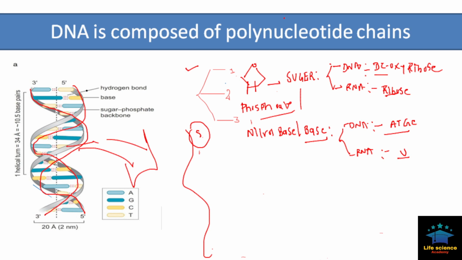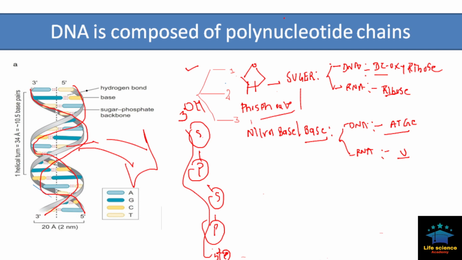Where the sugar is present, this acts as the 3 prime, and where the phosphate group is present, this acts as the 5 prime phosphate group. So the 3 prime group acts as the polymerizing end in the DNA as well as in the RNA.